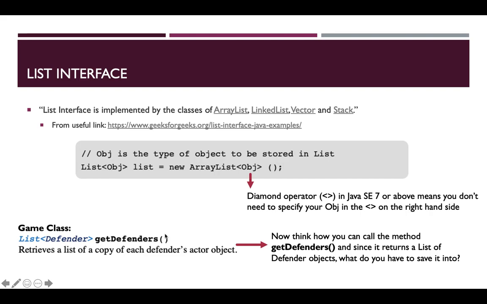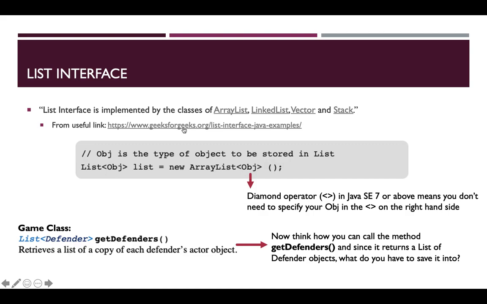Also, the getDefenders method is part of the game interface, so think, how can you call getDefenders? What do you need in order to call it? And since it returns a list of Defender objects, how are you going to use what it returns? Or if you don't want to use it immediately, what do you have to save it into in order to use it later in your code?